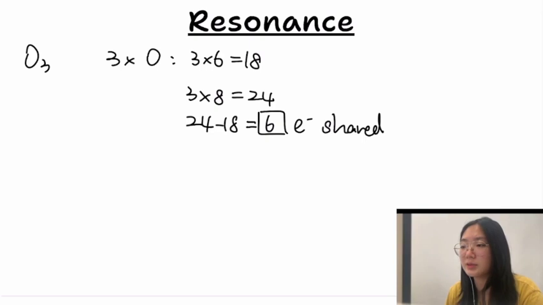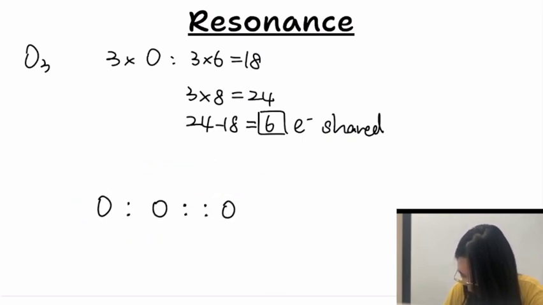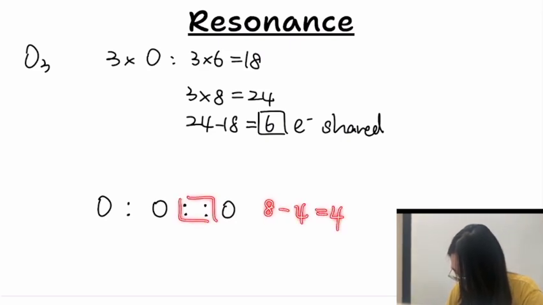And it is impossible to share 3 electrons and 3 electrons, because the number of electrons shared in a covalent bond has to be a multiple of 2, like 2 or 4 or 6. So 2 of the oxygen atoms share 2 electrons, while the other 2 oxygen atoms share 4 electrons. For this oxygen to achieve the full octet, 8 minus 4 is equal to 4, so it has 4 lone pair electrons.